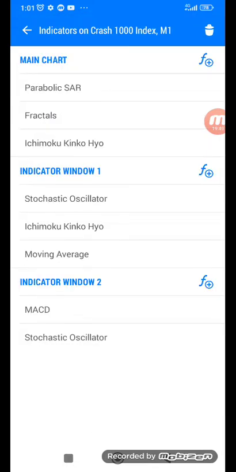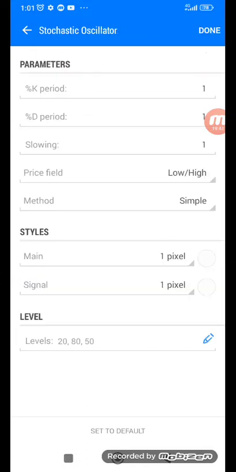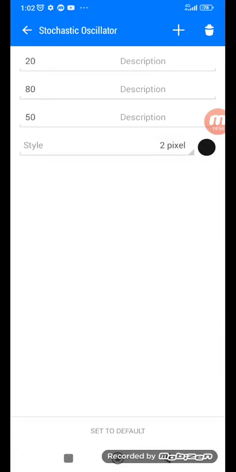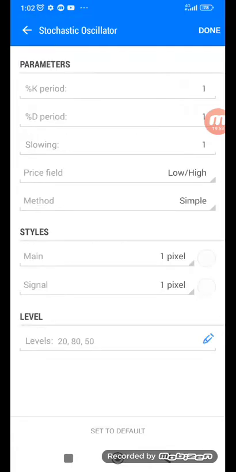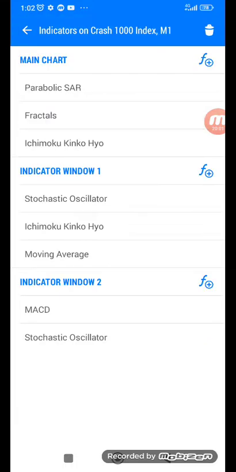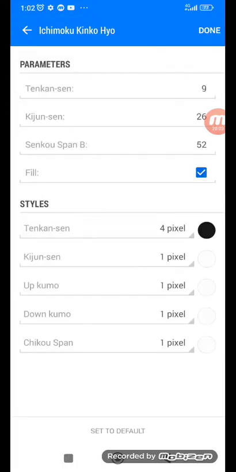Now the next one is indicator window 1, which is stochastic. We have 1, 1, 1. The price field is low and high, method simple, and we have levels 20, 80, and 50. That is the level for the stochastic oscillator. And the second one is Ichimoku with Tenkan-sen 9, Kijun-sen 26, and Senkou Span B 52.